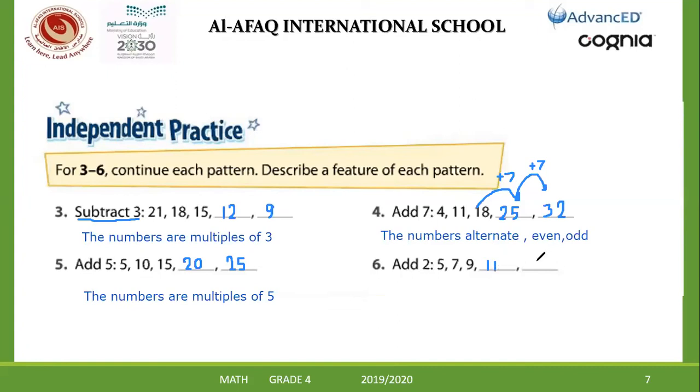As you see here, the pattern is add 2. So here 9 plus 2 will be 11. 11 plus 2 also will be 13.